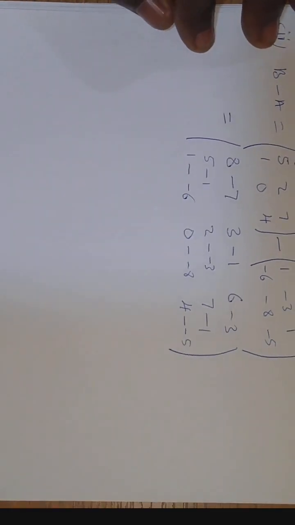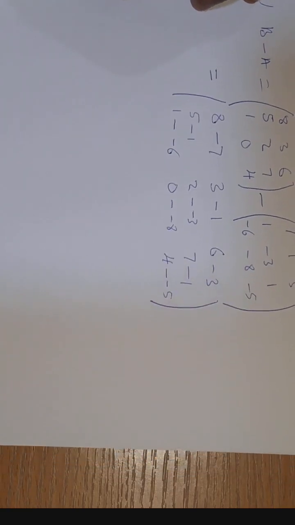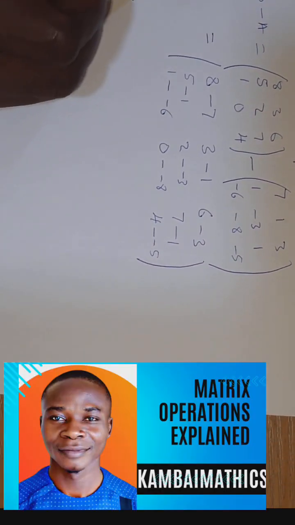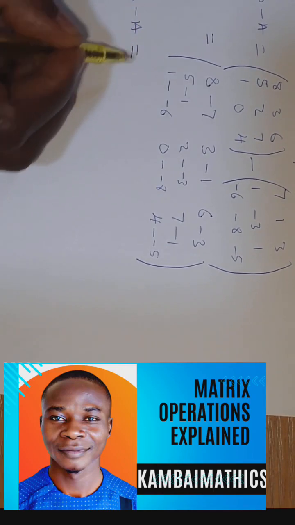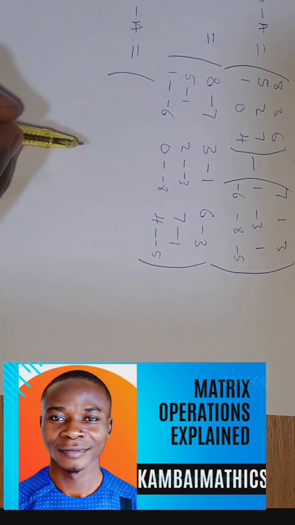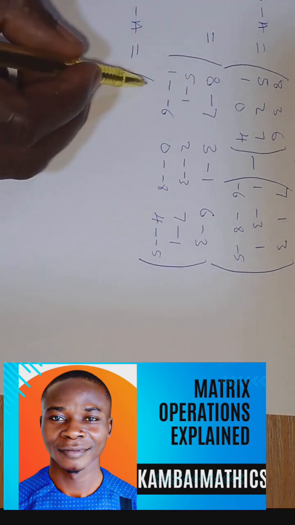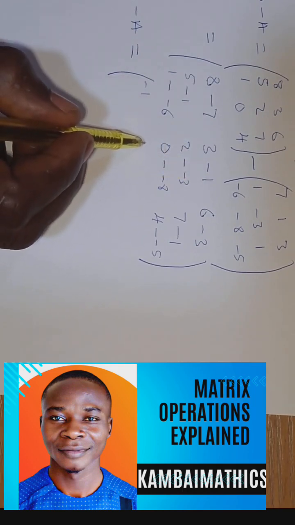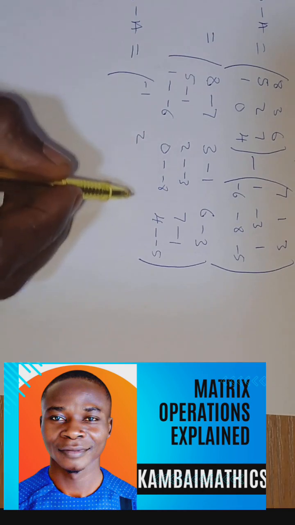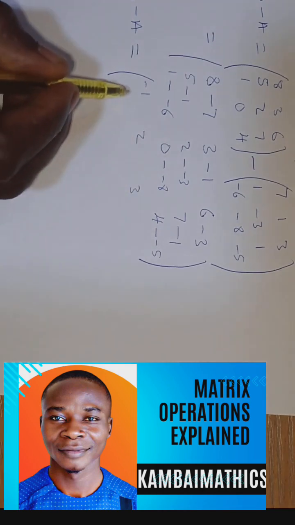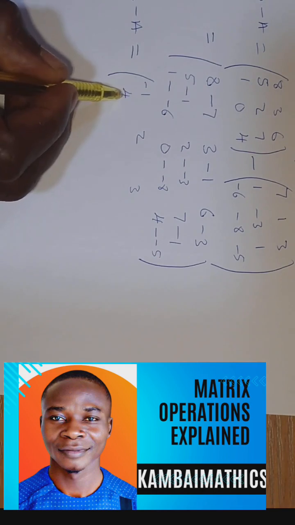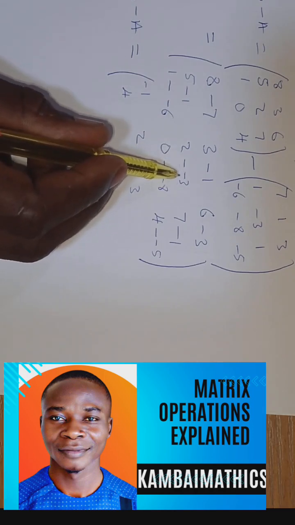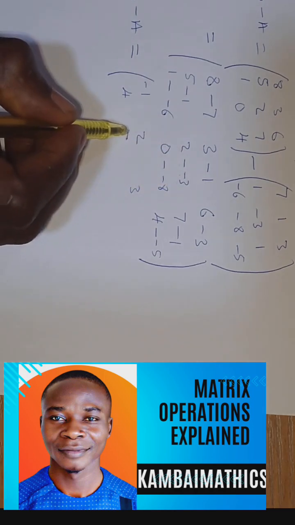So, having gotten this, we will now check. B minus A is equal to, we have 8 minus 7 is 1, 3 minus 1 is 2, 6 minus 3 is 3, 5 minus 1 is 4. 2 minus minus 3, minus times minus is plus, 2 plus 3 is 5.